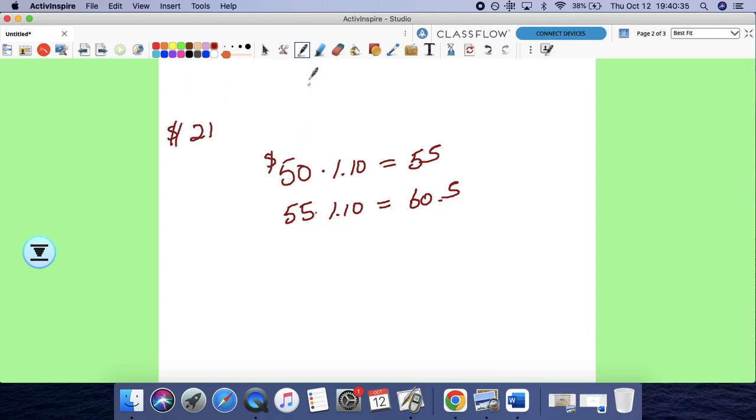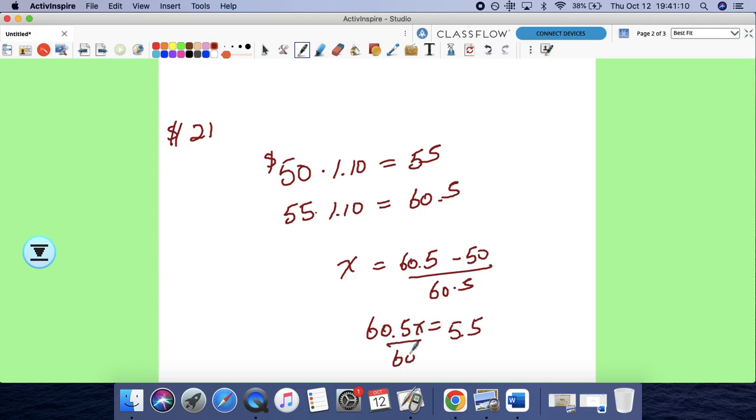Okay, so what percent of the original amount is there in the account after 2 months? So we can do new minus old. The new one's 60.5, the old was 50, over 60.5. Again, I can change it to x. So we get 60.5x equals 5.5.